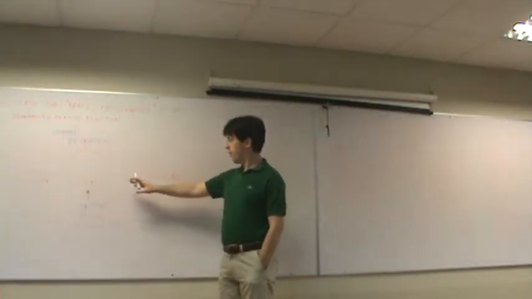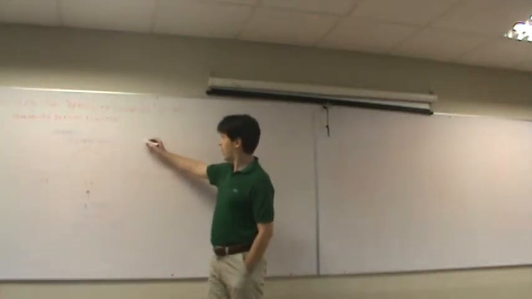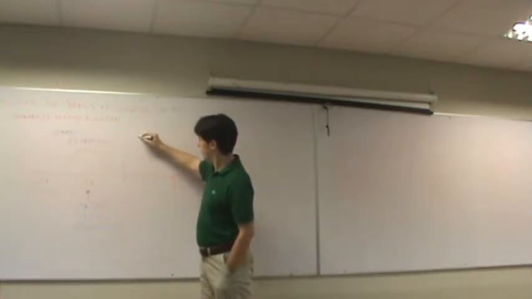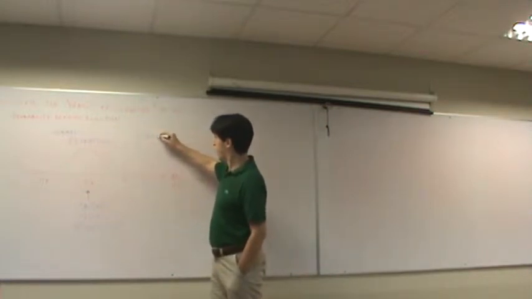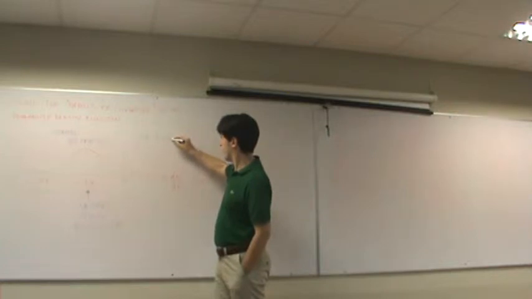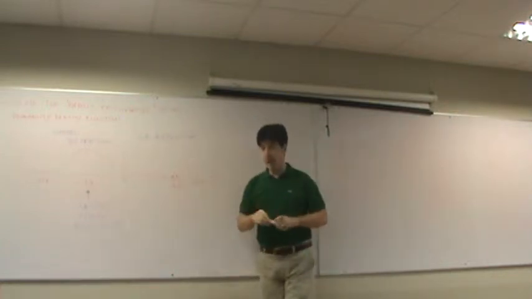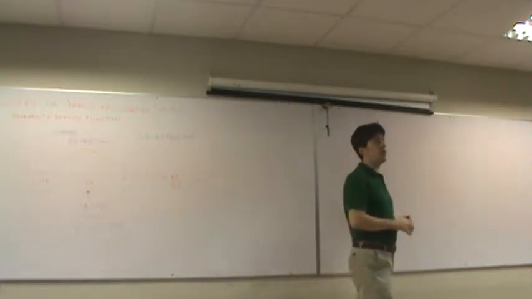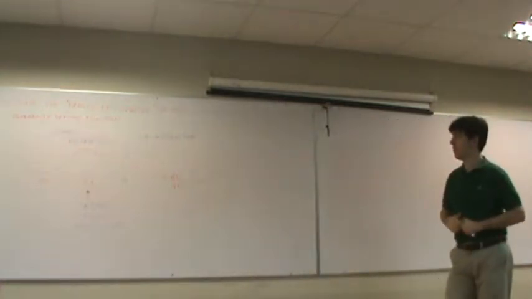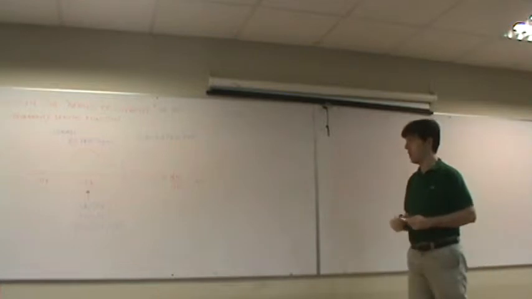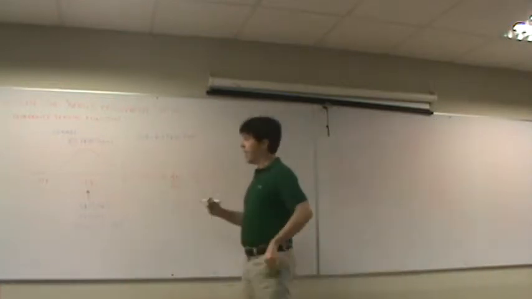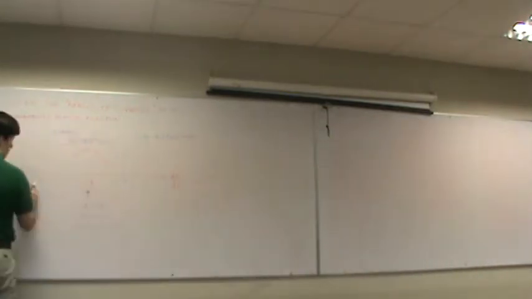Values bigger than 0 are called sub-refraction, and why it is sub will be clear in a moment. And values smaller than minus 157 are called super refraction.